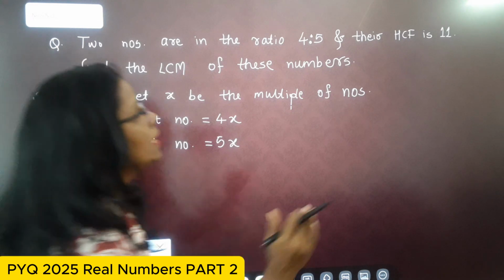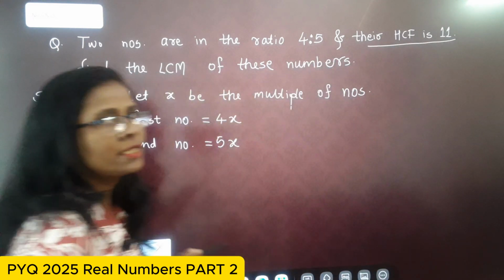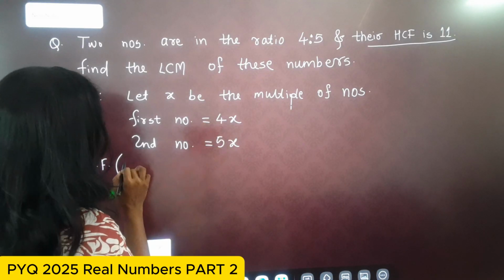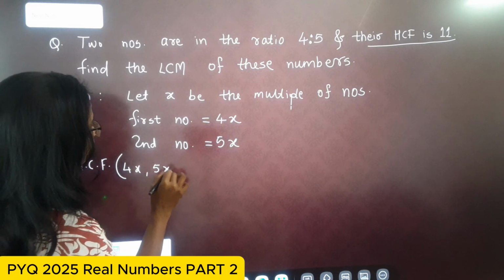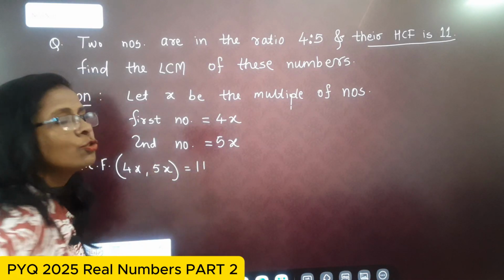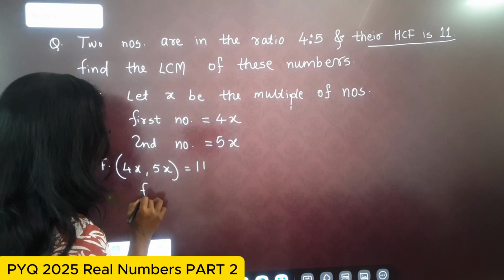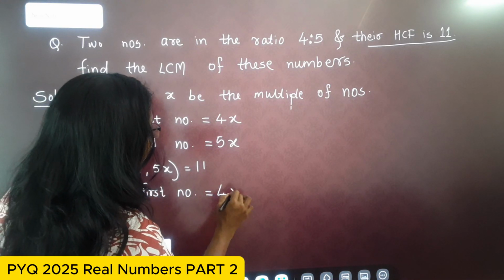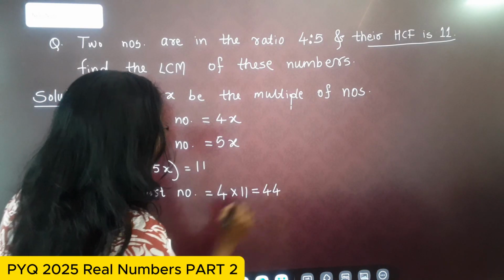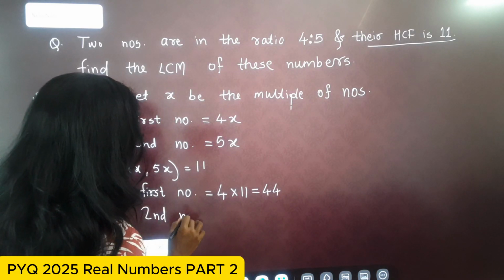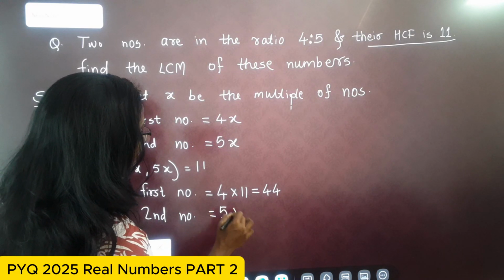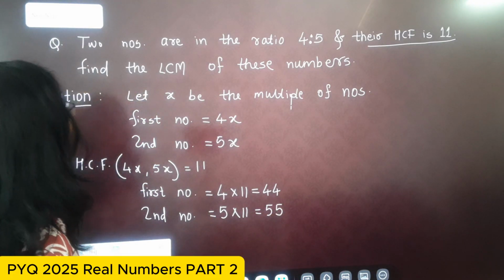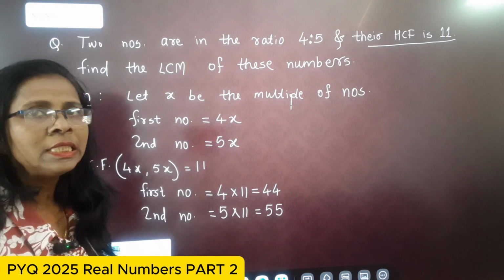Their HCF is 11, so the HCF of 4x and 5x is 11. That means the first number is 4 into 11, which is 44, and the second number is 5 multiplied by 11, which is 55.